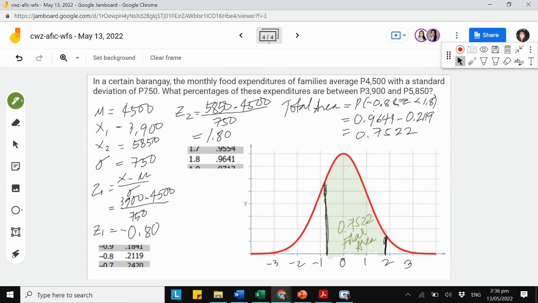Ito ngayon si Z is equal to 1.8. Ito na ngayon si Z is equal to negative 0.80. Okay, itong area na to, itong line na to, para makita kung saan siya nag-start at nag-end. Okay? Questions?